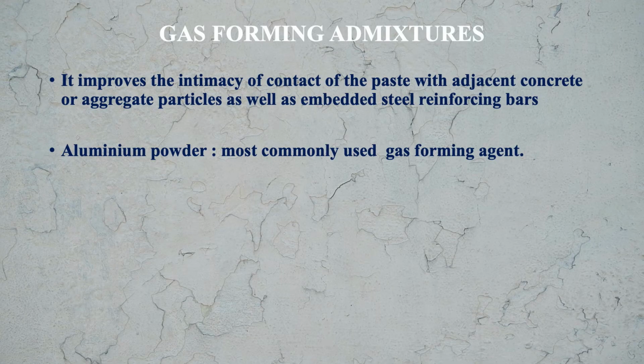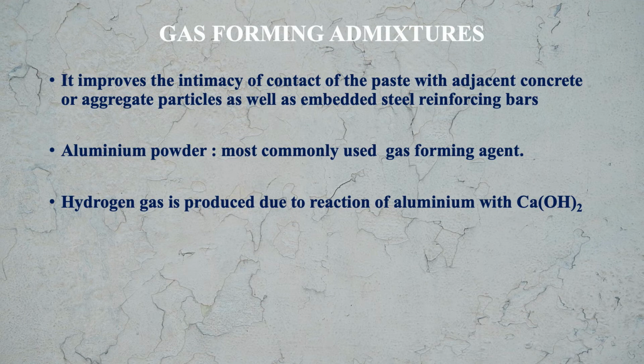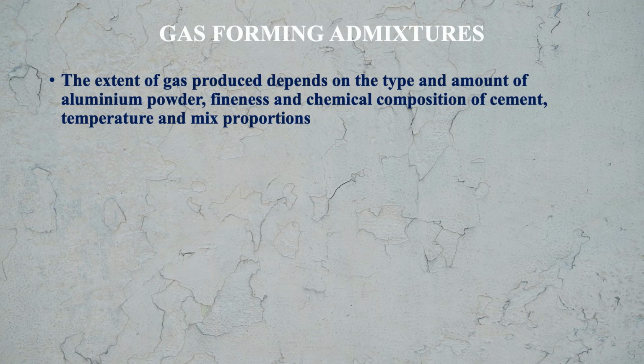Aluminium powder is most commonly used as a gas forming agent. Hydrogen gas is produced due to reaction of aluminium with calcium hydroxide. The extent of gas produced depends on the type and amount of aluminium powder, number 1. Number 2, fineness. Number 3, chemical composition of cement.